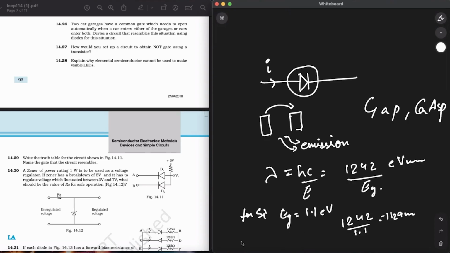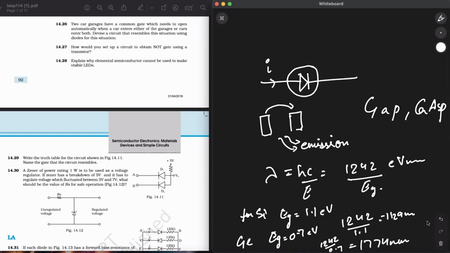Similarly, for germanium, Eg is equal to 0.7 electron volt, so it will be 1242 upon 0.7. So it will be what? 1774.